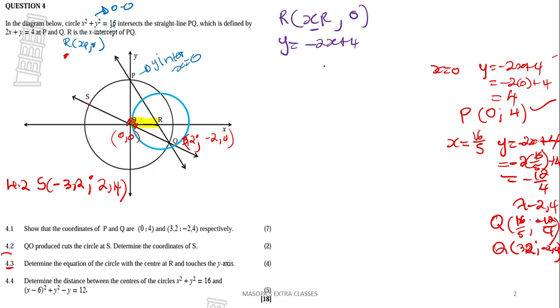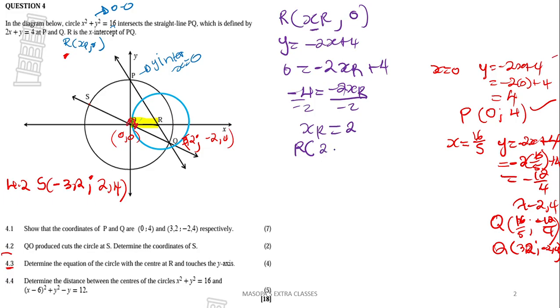Now we're looking for x, meaning that y equals 0, so 0 equals negative 2 times the x value of R plus 4. We transpose the 4, and then we have negative 4 equals negative 2 x R. Then you divide by negative 2, and the x value of R will be positive 2, meaning that the coordinate of R will be 2, 0.